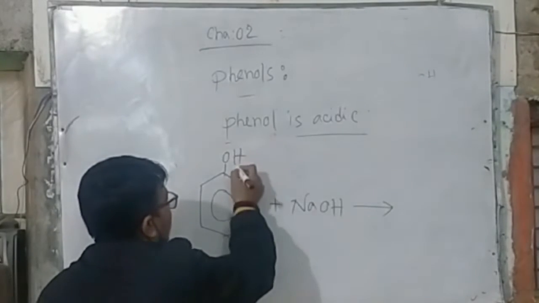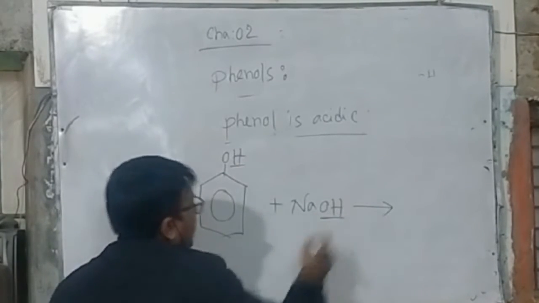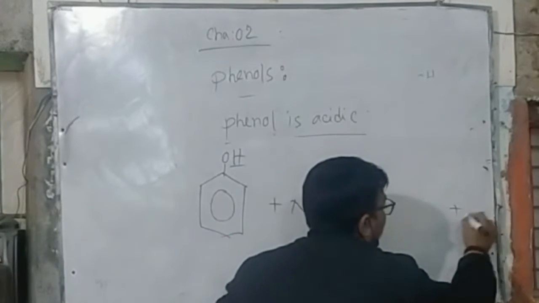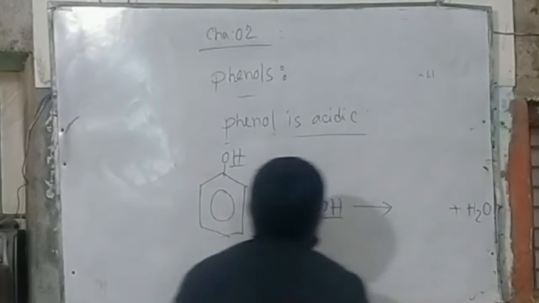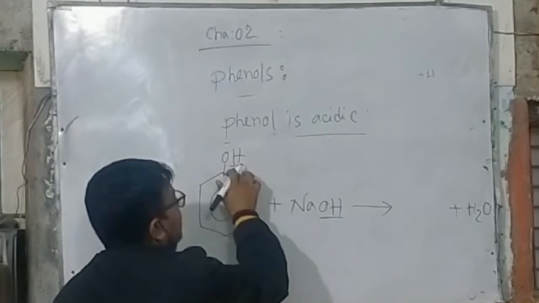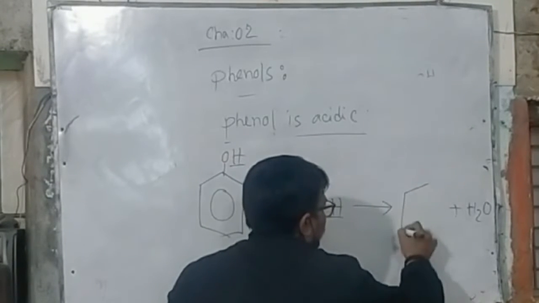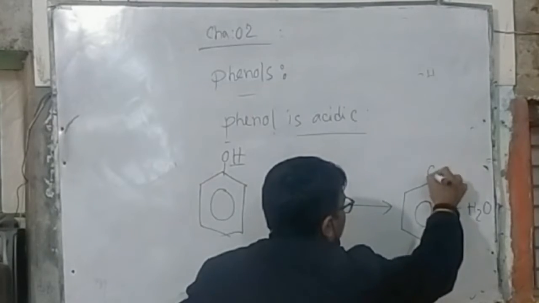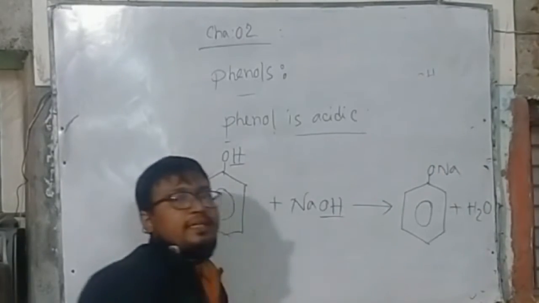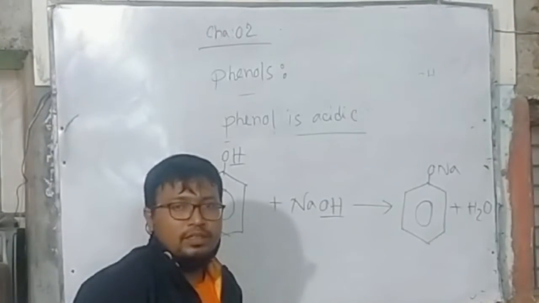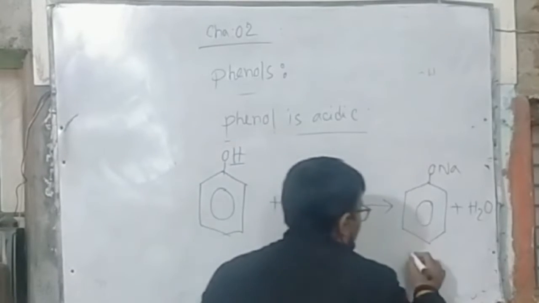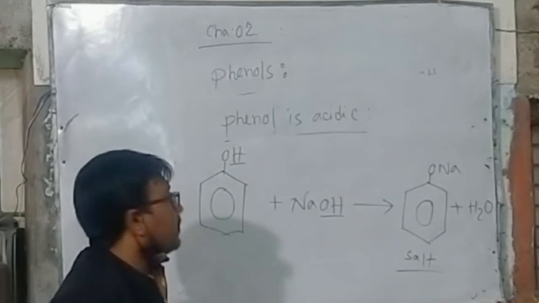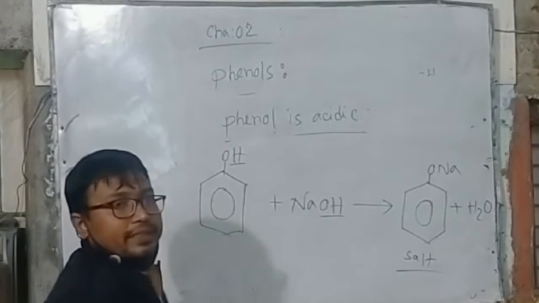This hydrogen reacts with the hydroxyl ion and makes H2O, and sodium occupies this place. Sodium phenoxide is a salt. Have you written? Therefore, phenol is acidic.